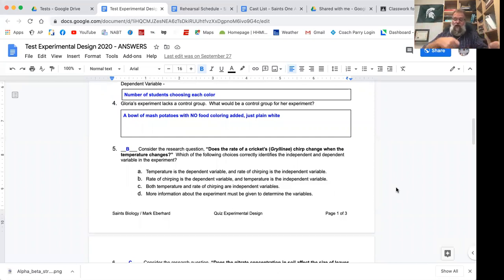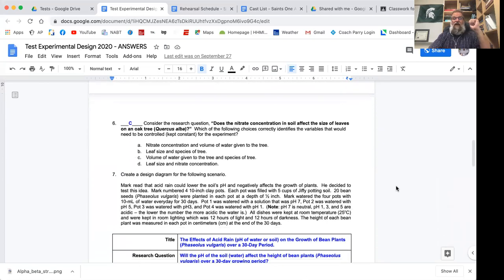So the temperature is the one I'm going to change. That's my independent variable. And how do I know if the change in temperature makes any difference? I'm going to measure or count the frequency of chirps the crickets make in each different temperature. That's going to be my dependent variable. So you can see your best option then is B. The rate of chirping is our dependent variable and the temperature is the independent variable.